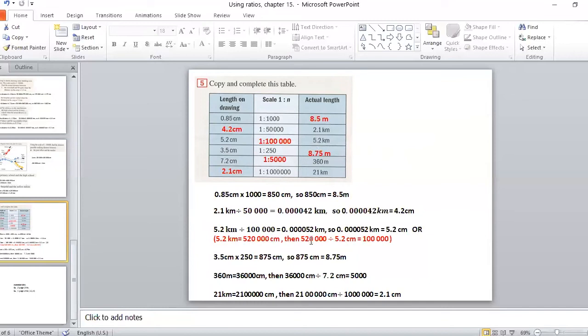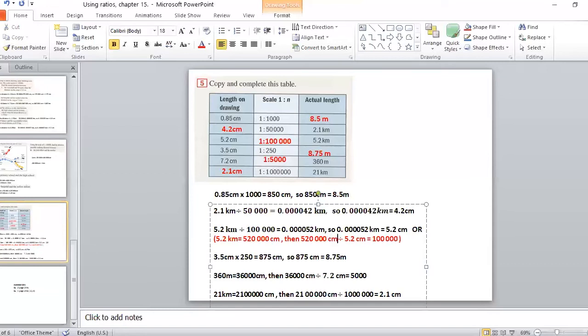Then 520,000 centimeters has been divided by 5.2 centimeters given in the first column of the table, giving us 100,000, the second number of the ratio. Or you can start with 5.2 kilometers. You will guess which is the proper power of 10 in order to reach 5.2 centimeters.